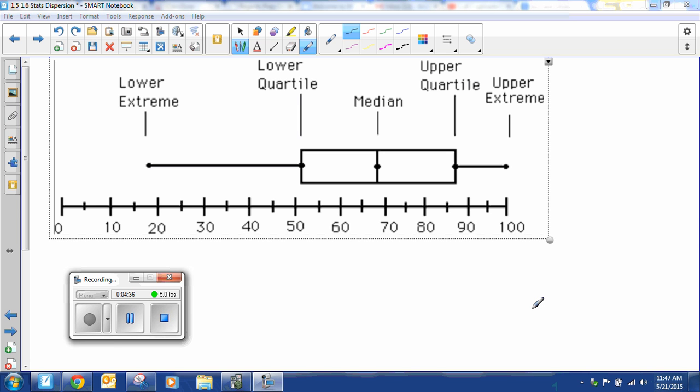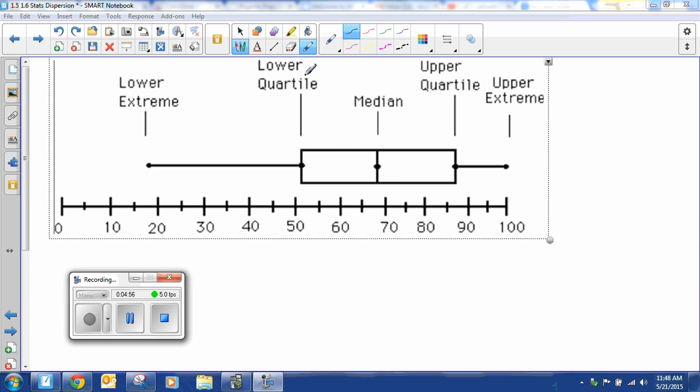Okay, so at this point I would like to think back to a box and whisker plot. So here is 0 to 100. You could say these are test scores. The highest score was 100. The lowest score looks like about a 17 or 18. The median score was about a 68.